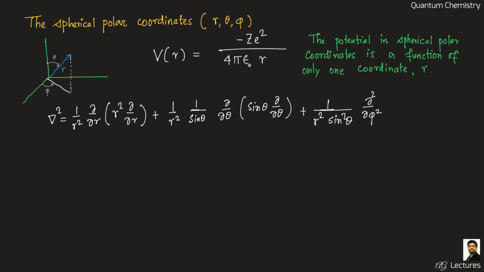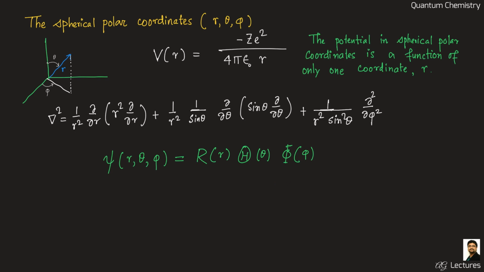And therefore, in spherical coordinates, we can get a solution of this wave function as a product of three different functions, each involving only one variable, and therefore we get the solution of this form, where this capital R is the R part, the capital Theta is the theta part, and the capital Phi is the phi part.